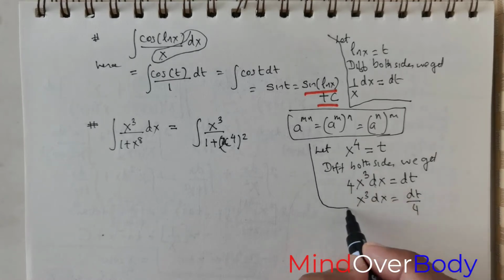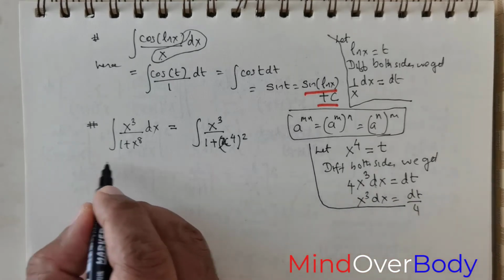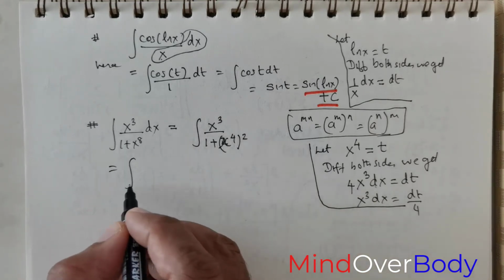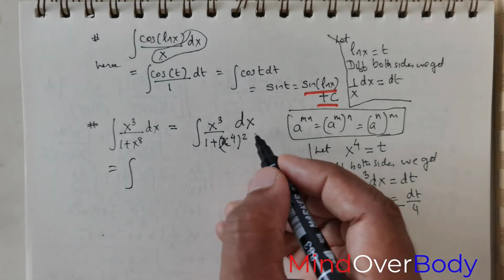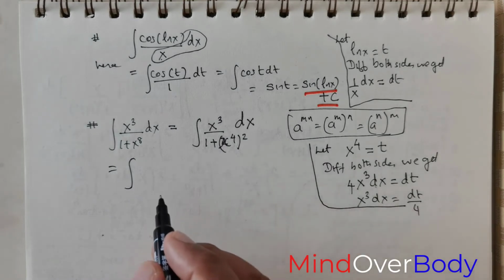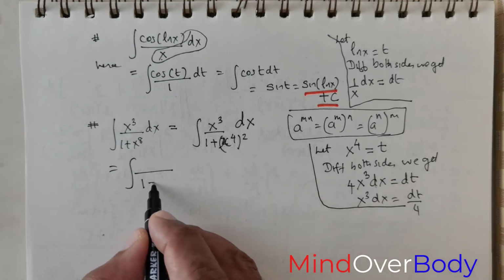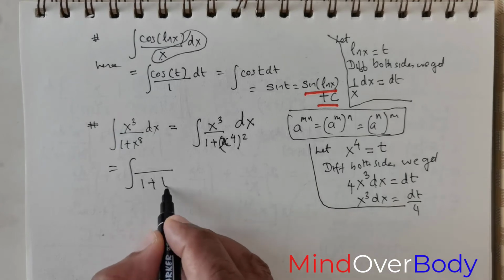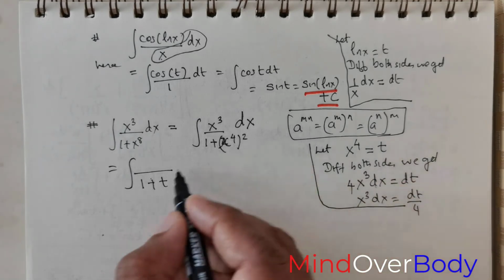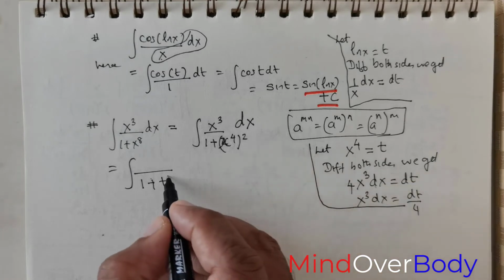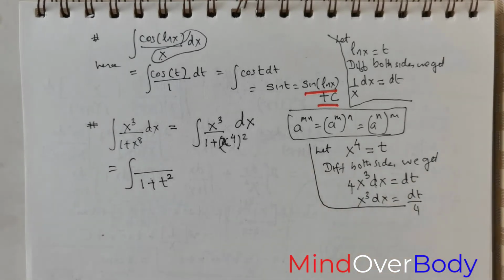So this is for the substitution part. So hence this entire thing can be rewritten as, of course there should be the differential operator dx, in place of x raised to the power of 4, I'm going to substitute t. So you have a degree 2 here, so that's going to be t square.